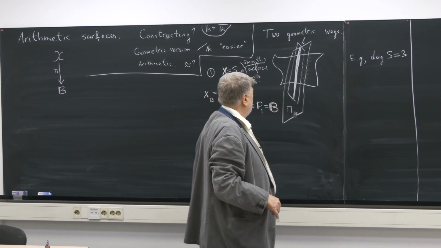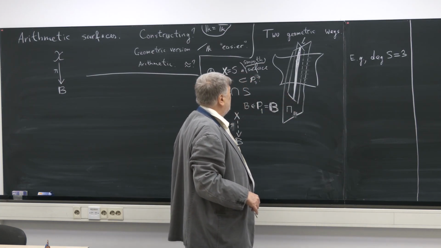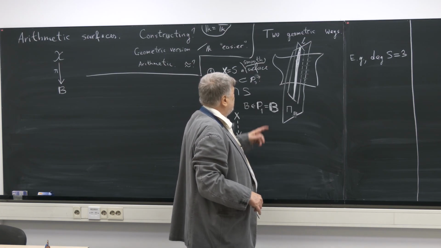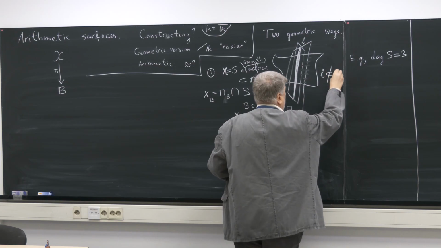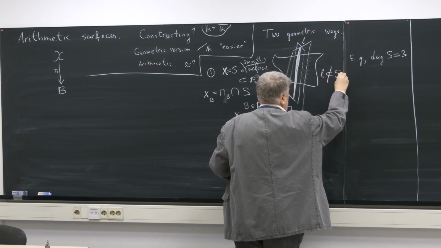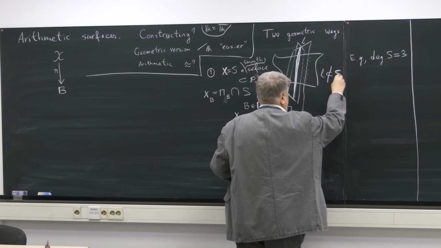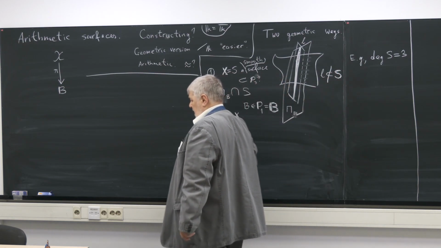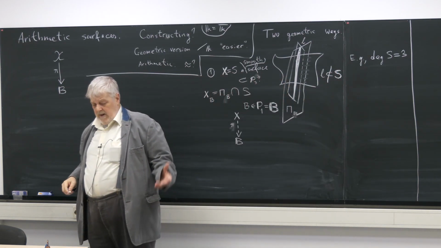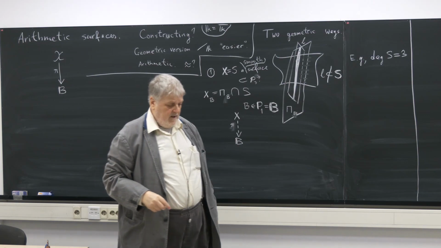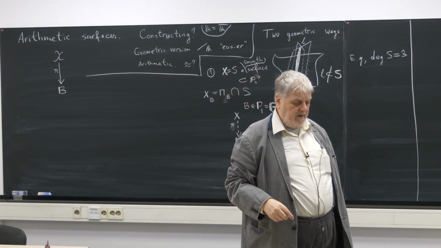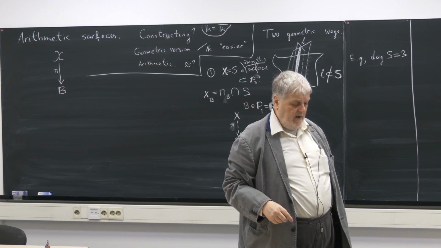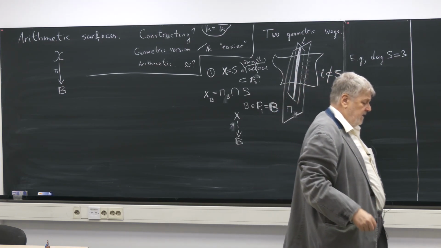Sorry, I'm afraid that I didn't stress that the line here of course does not belong to the surface. And then we have a family of cubic surfaces, and it is a very fundamental object.